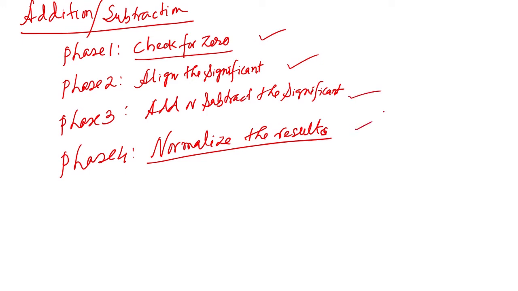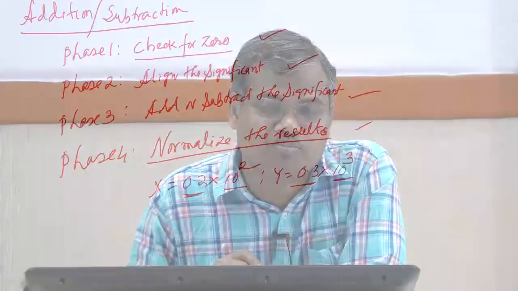So, in the earlier case, x equal to 0.2 into 10 to the power 2 and y equal to 0.3 into 10 to the power 3. First, x is not 0, y is not 0. Then you have to align the significands. Here is 10 to the power 2, here is 10 to the power 3. You have to align them in such a way that both numbers have the same exponent.